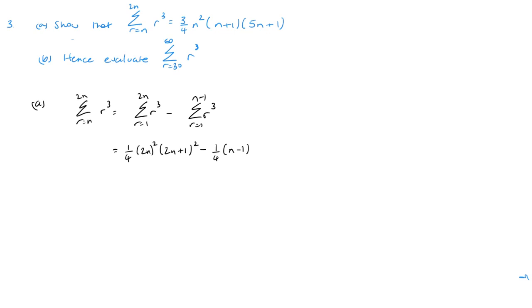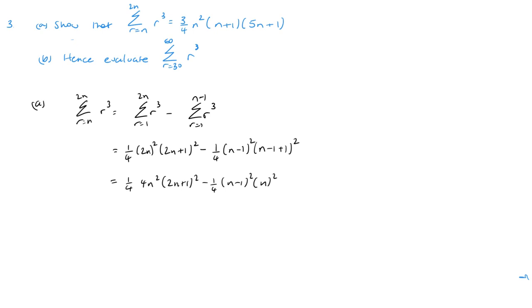So n minus 1 squared, plus n minus 1 plus 1, so n minus 1 plus 1 squared, which is just n squared, isn't it? So we got a quarter, 4n squared, 2n plus 1 squared, minus a quarter, n minus 1 squared, n squared.